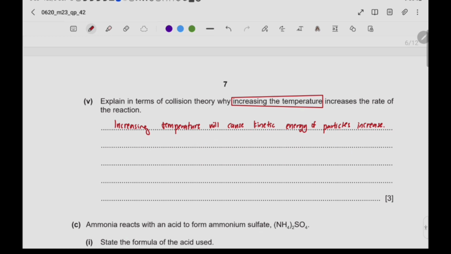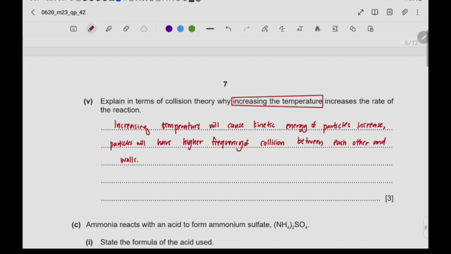So whenever kinetic energy of particles increases, what does it mean? They move more, right? So particles will have higher frequency of collision between each other, or you can say between each other and walls.